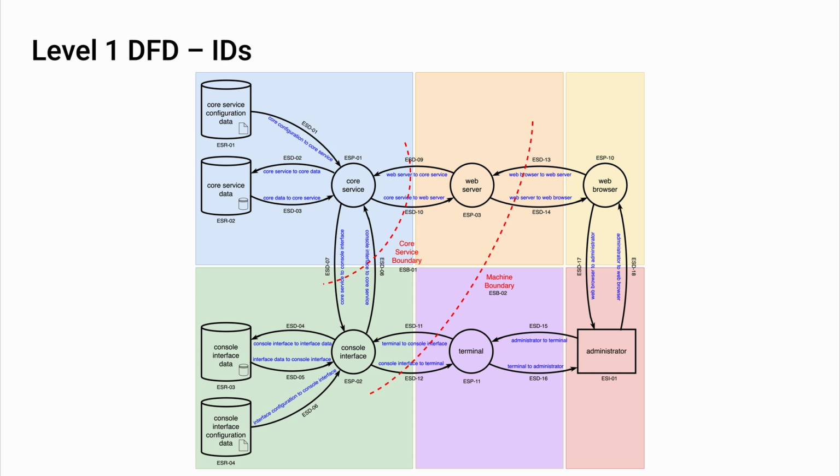For the purposes of this example, we're going to use the following ID prefixes: ESR, example system resource; ESP, example system process; ESI, example system interactor; ESB, example system boundary; and ESD, example system data flow. This is purely for convenience. If you use a tool such as the Microsoft Threat Modeling tool, every entity is going to be assigned a GUID.